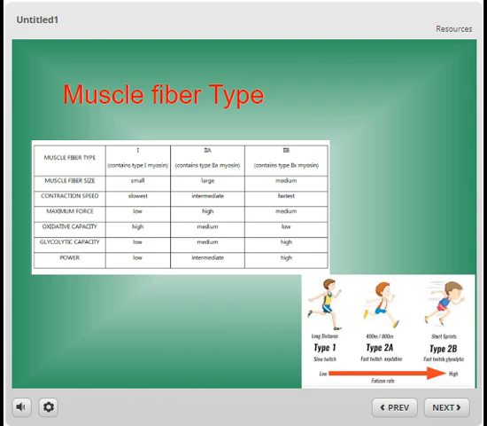But type 2 fibers, or fast twitch fibers, are further subdivided into two main categories.